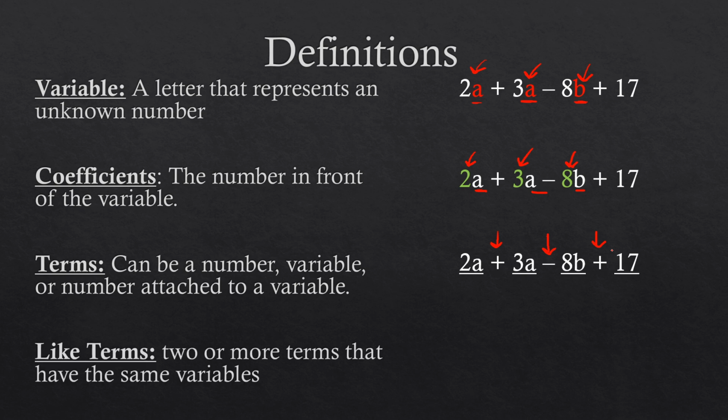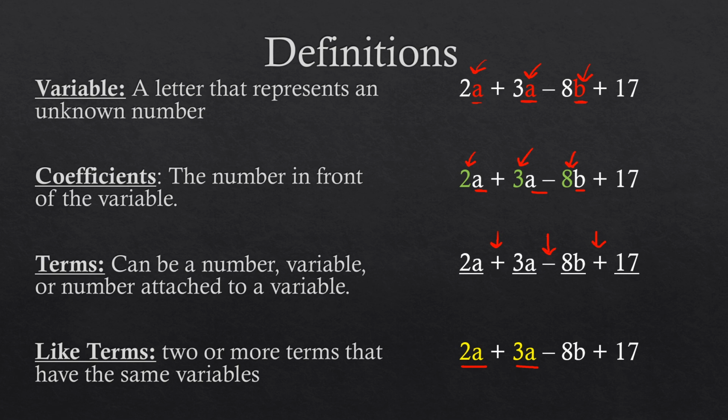And then the very last one that you'll probably hear more so than others is like terms. And like terms are two or more terms that have the same variable attached to it. So when I look at my expression here, the 2 and the 3, both of those have an A attached to it, right?